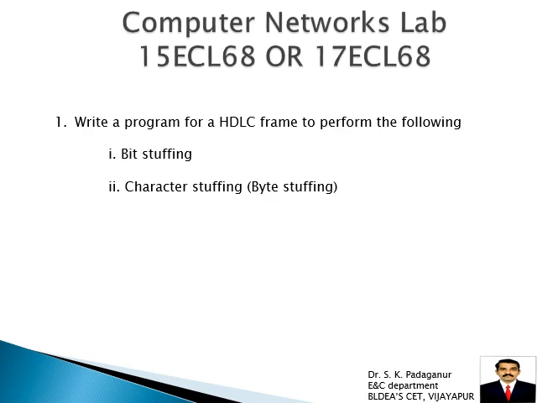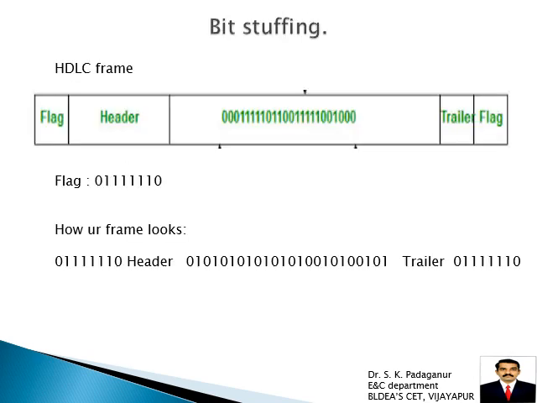First we have to look at what we mean by frame. Then we'll go for bit stuffing and byte stuffing. Looking at the diagram here, the SDLC frame: at the starting of the frame and the end of the frame, we are going to add a flag.